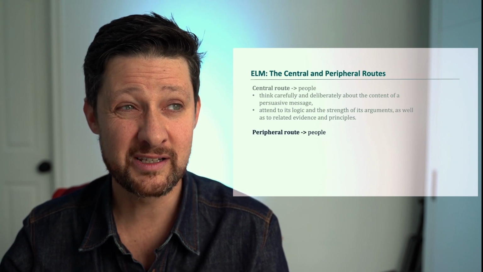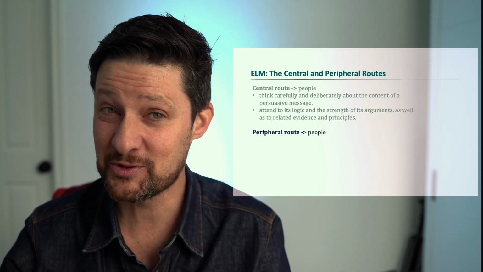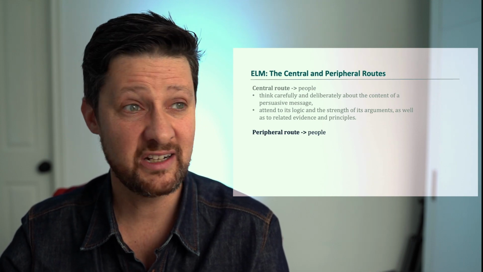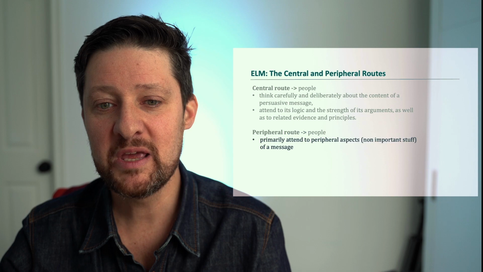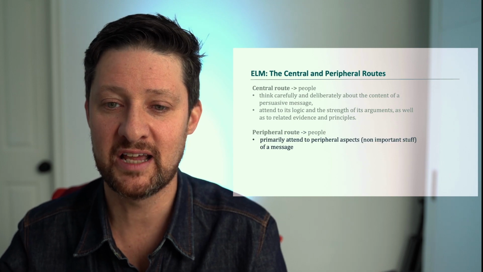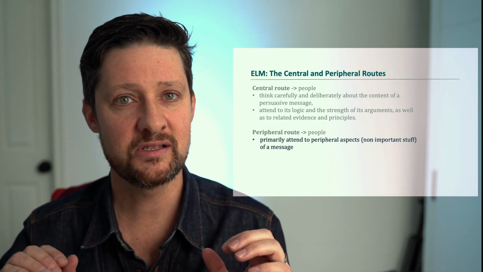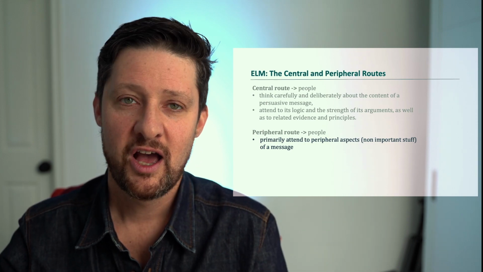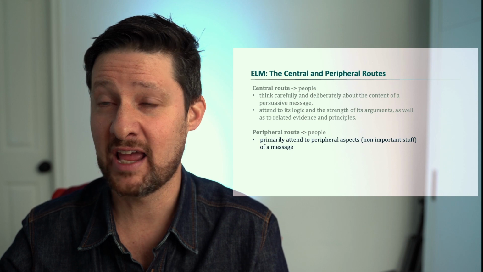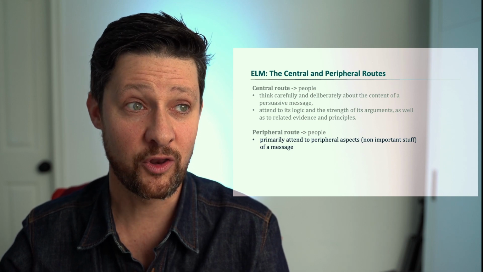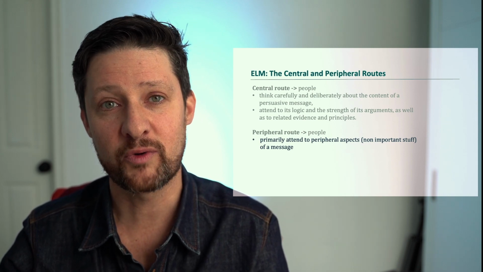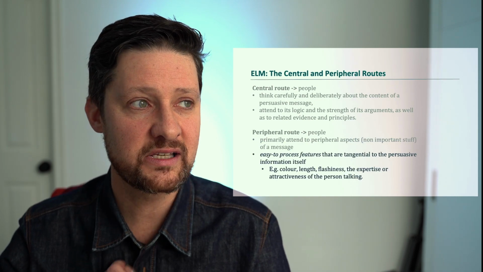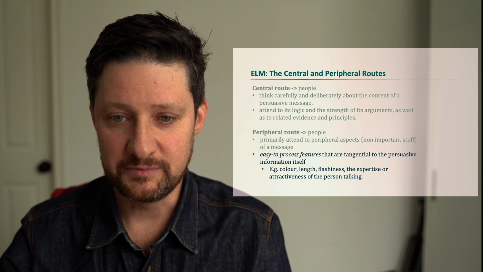Now, the peripheral route is the opposite. Their head is not screwed on, and either they're distracted, or unmotivated, or they just don't care, and people in this situation will attend to the peripheral aspects. That means the situational aspects, or the non-important fluff about the message. This is where ad agencies and a lot of marketing is based, because they're trying to engage you in ways of processing the message very easily.